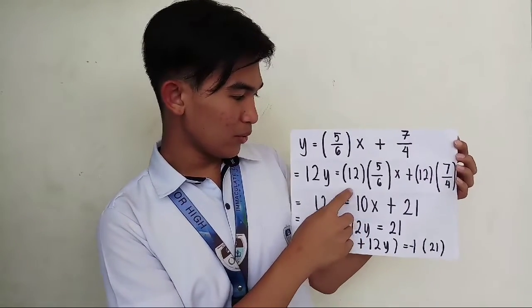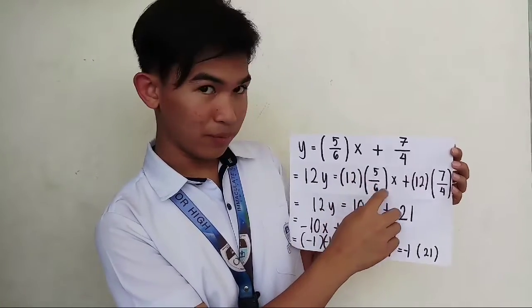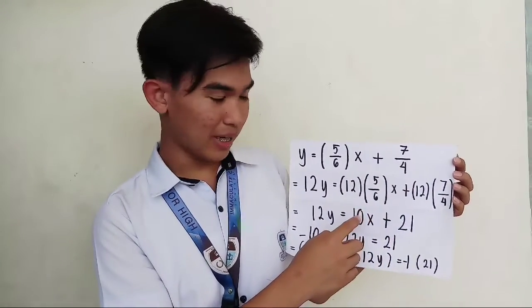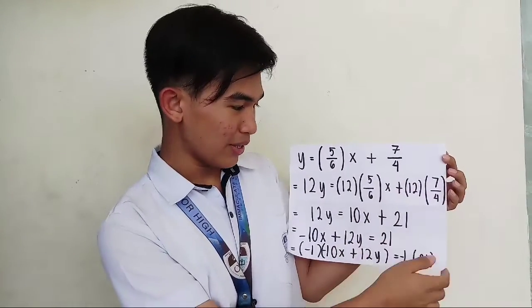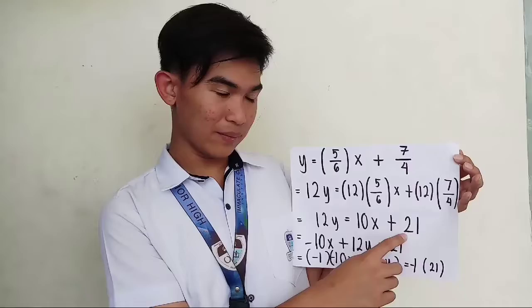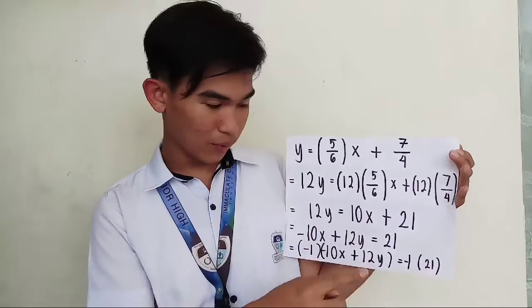We're going to cancel this, and this will be 2 and 5 over 1. So now we have 10, and 12 over 4 gives 3, so we're going to have 21, and it would be 12y is equal to 10x plus 21.